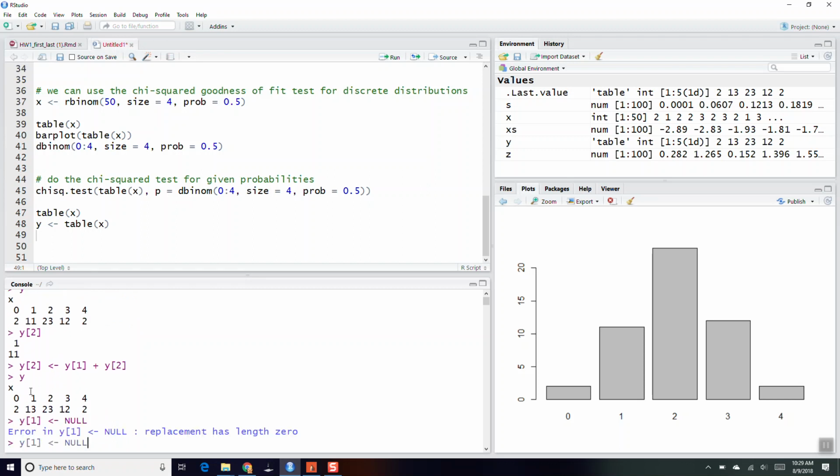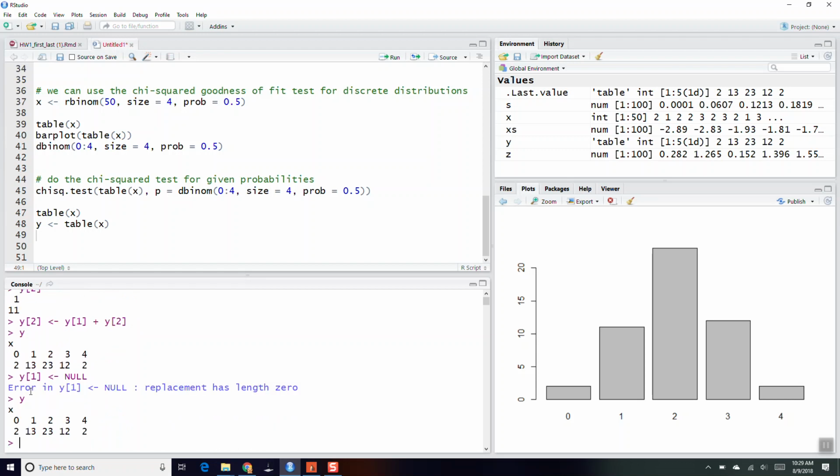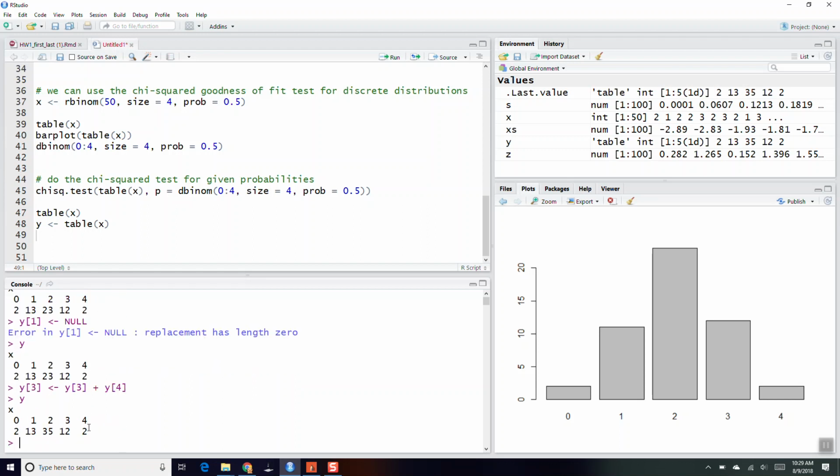Oops. Okay, so maybe I'm not allowed to do that. Okay, so I've done that. We've got to get rid of this first column, and then the last one I also have to collapse. So y3 will be the sum of y3 and y4.